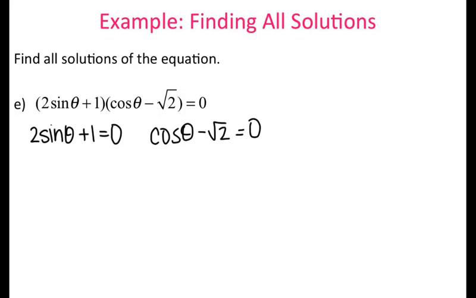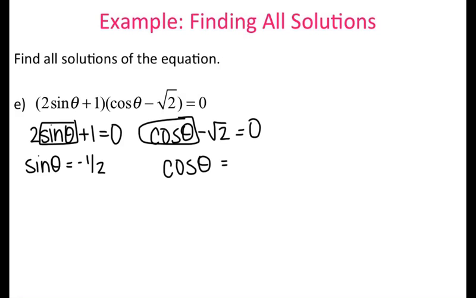So instead of having just one equation like we had for all the other problems, now I have two equations. For both of these, I'm going to go ahead and isolate the trig function and solve just like we solved with the other equations. So for the first one, I am looking at sine of theta equals negative 1/2. And for the second one, I am looking at cosine of theta equals root 2.